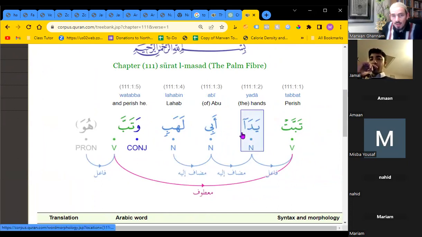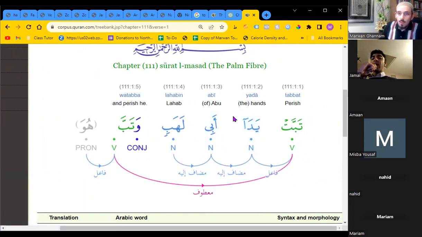Why do you think the noon is dropped here? Is it to do with the gender of the word? No, it's because it's mudaf. So there's mudaf ilayh. When it's mudaf, the noon is dropped because you've got something after. It's kind of like a compound.